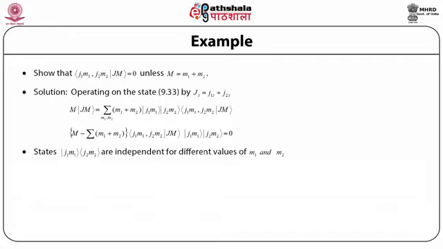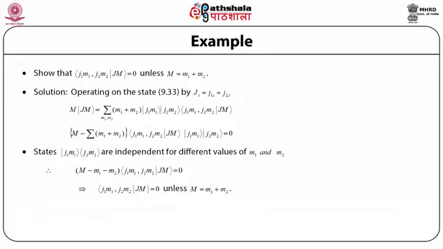Since the states |j1, m1, j2, m2> are independent for different values of m1 and m2, this means that (M minus m1 minus m2) times the coefficient is equal to 0, which implies that the scalar product of |j1, m1, j2, m2> with |J, M> is equal to 0 unless M is equal to m1 plus m2. What does it show? It shows that the Z component of the total angular momentum is equal to the sum of the Z components of the individual angular momenta.